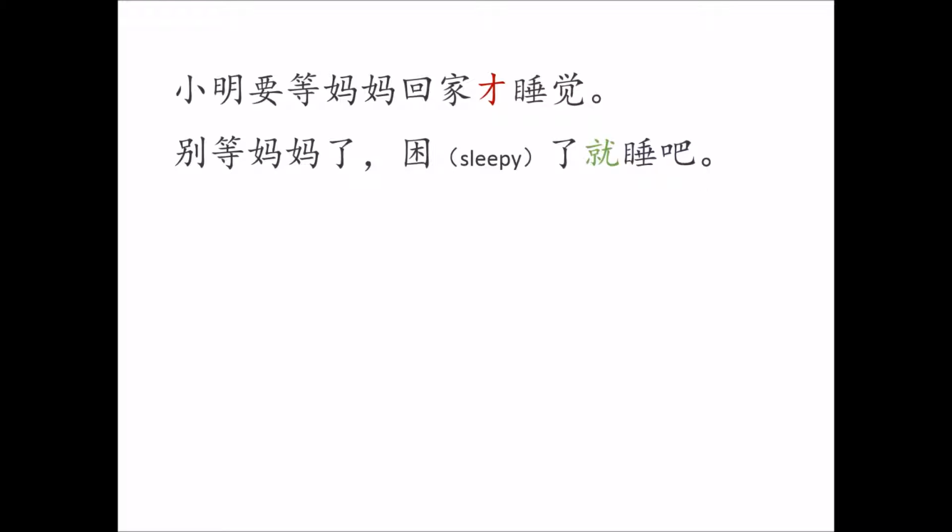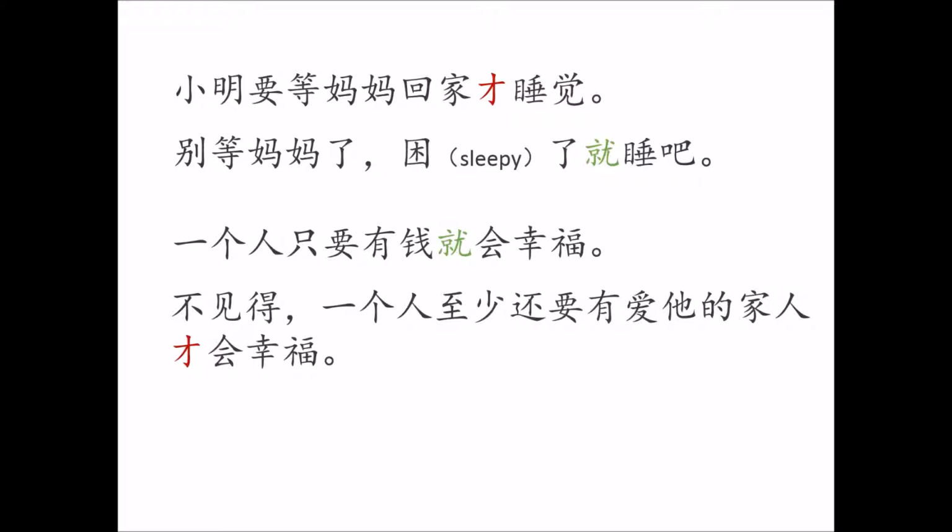If you are sleepy, just go to bed. 一个人只要有钱就会幸福。As long as a person's rich, he's happy. 不见得，一个人至少还要有爱他的家人才会幸福。Not necessarily. For a person to feel happy, he at least still needs family that love him.